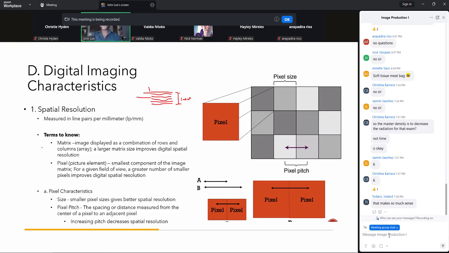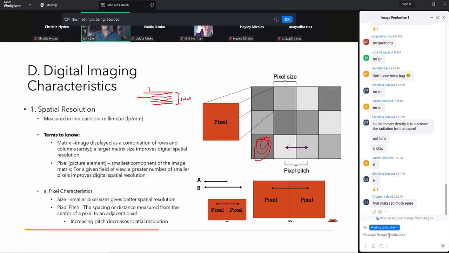Now, some terms to know. The matrix. This is the rows and columns that make up our digital image. Okay. The pixel is the picture element. It is the individual square contained in a specific row, in a specific column, in a digital image.